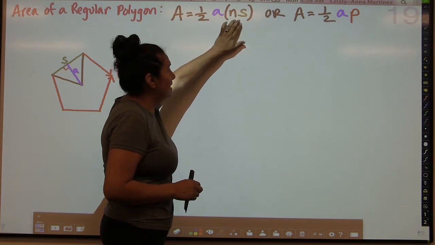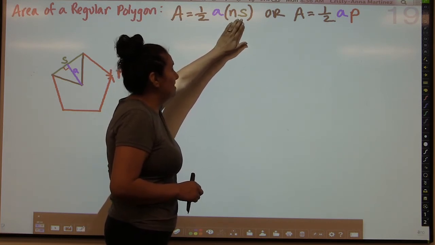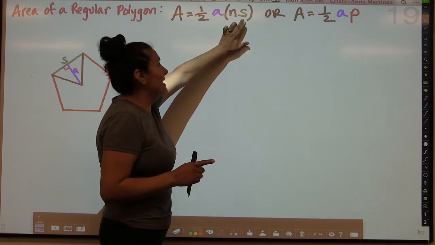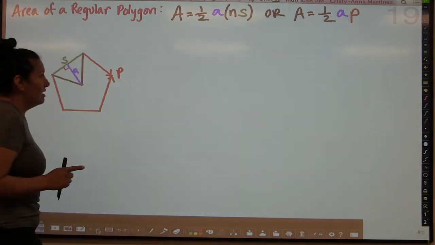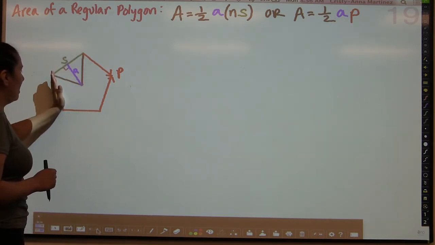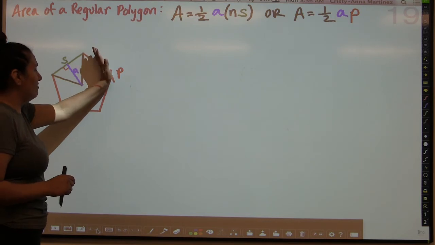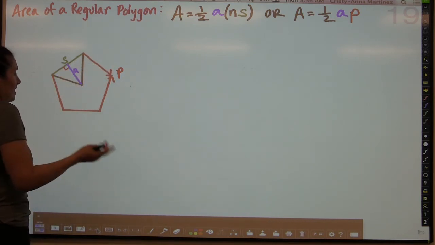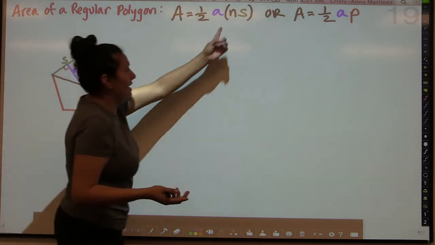Now what is n times s? Another way to say n times s is perimeter, because n is the number of sides and s is the side length. So in a regular polygon, the side lengths are all the same. So if you had 5, 5, 5, 5, 5, it would just be 5 times 5 because there are 5 sides and each side is 5. So that's what it means by n times s.